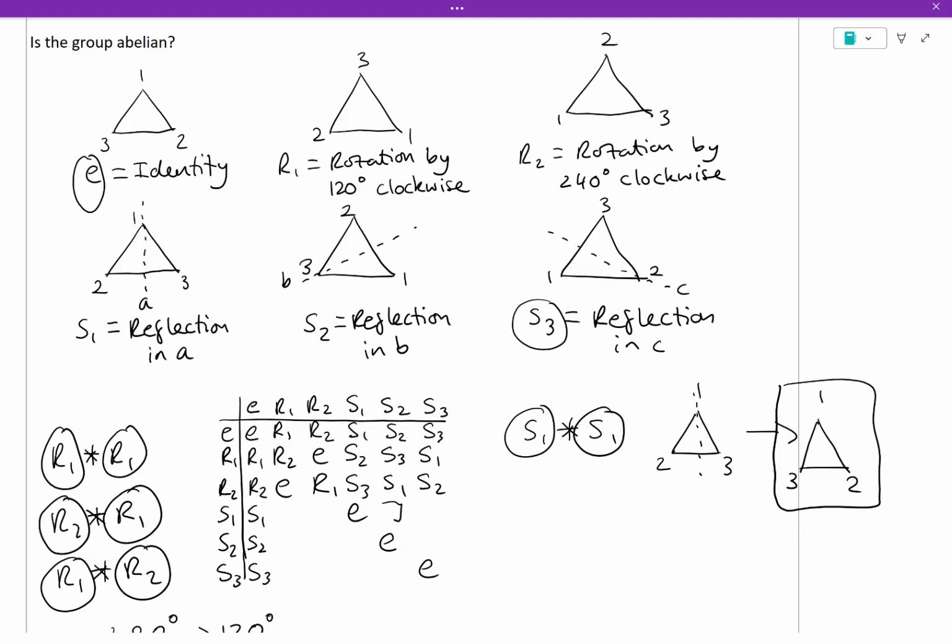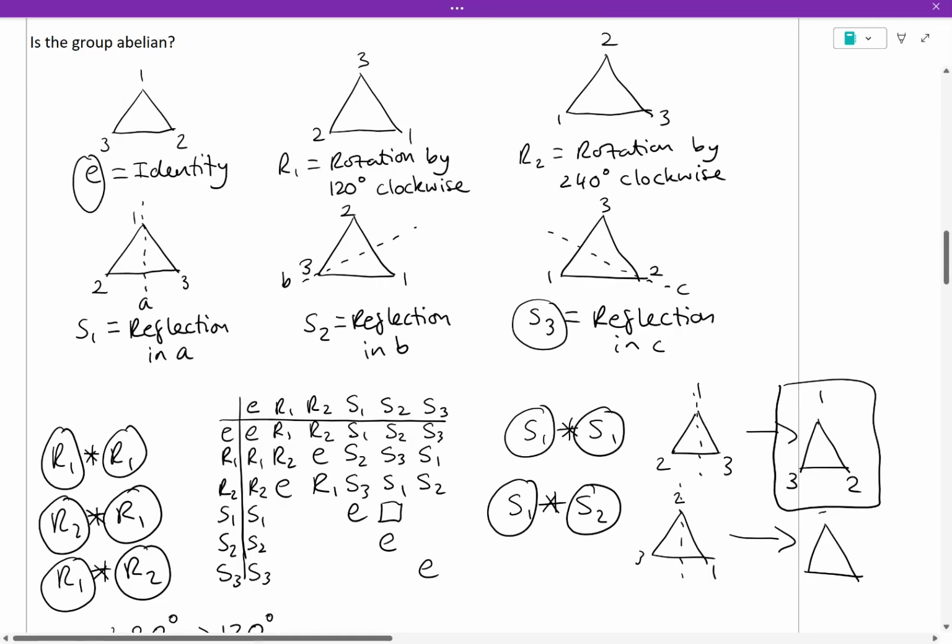Now let's do S1 combined with S2. Okay, so let's draw out the picture for S2. So S2 is 2, 3, 1. We're then going to reflect in S1. So S1 was this line here. Okay, so 2 stays where it is, and then the 1 and the 3 will swap.